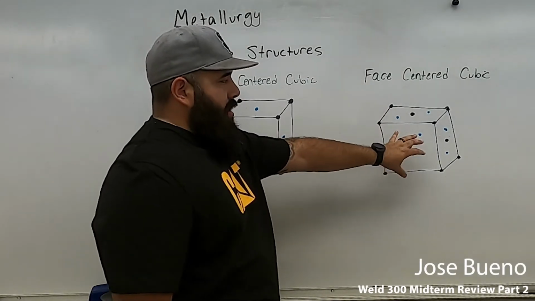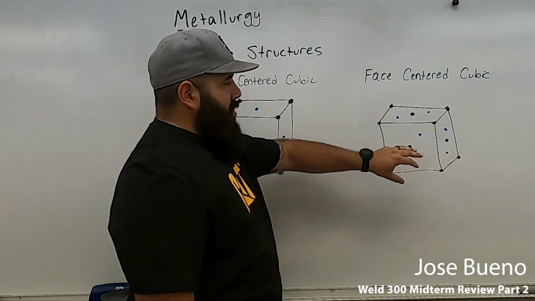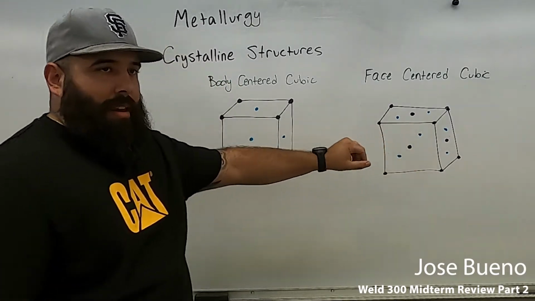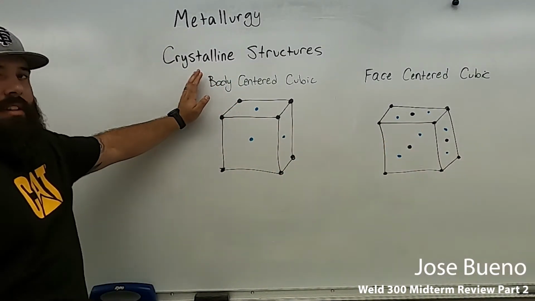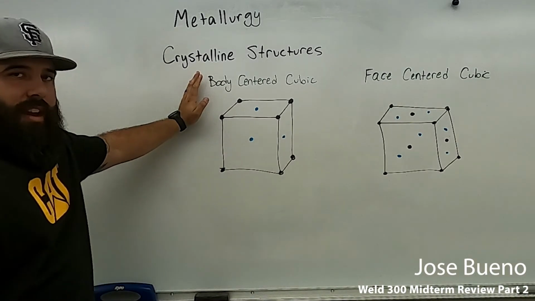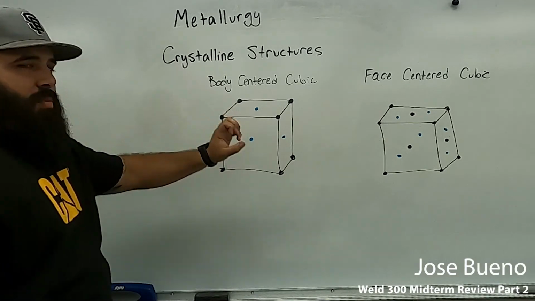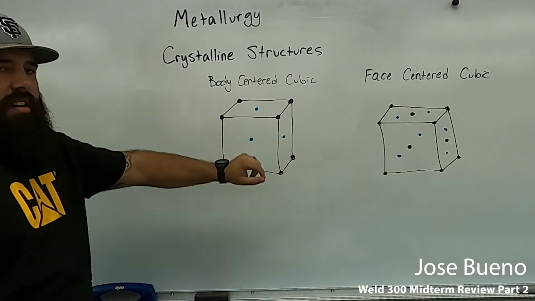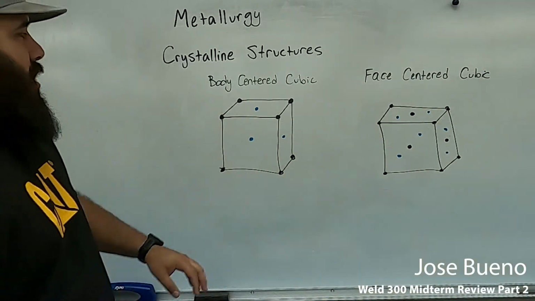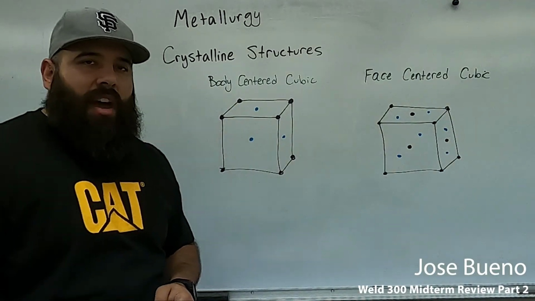You have expanded grain structures, extra carbon finding its way in, versus body-centered cubic, which is something you would find at room temperature. Somewhat of a smaller grain structure, not as much carbon in between the bonds of iron.